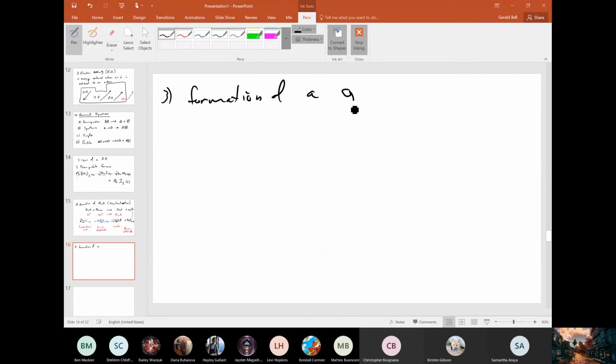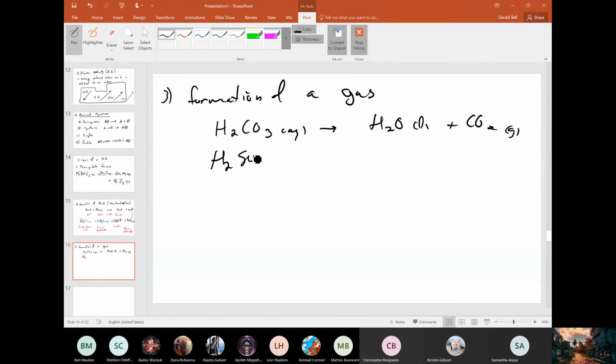Our final one, formation of a gas. So this was one where we needed to know stuff. We needed to know that carbonic acid was not stable and likes to decompose into water and carbon dioxide. Or sulfur, hydrogen sulfide here.